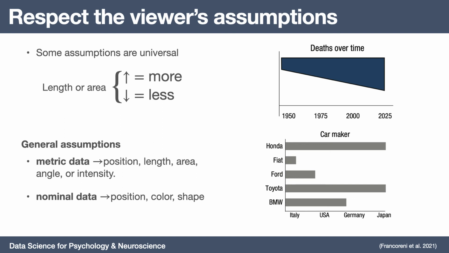When realistically, this is just a strictly categorical presentation of data. But because length we assume to reflect metric data or quantitative data, we automatically make that quantitative inference from these different lines.